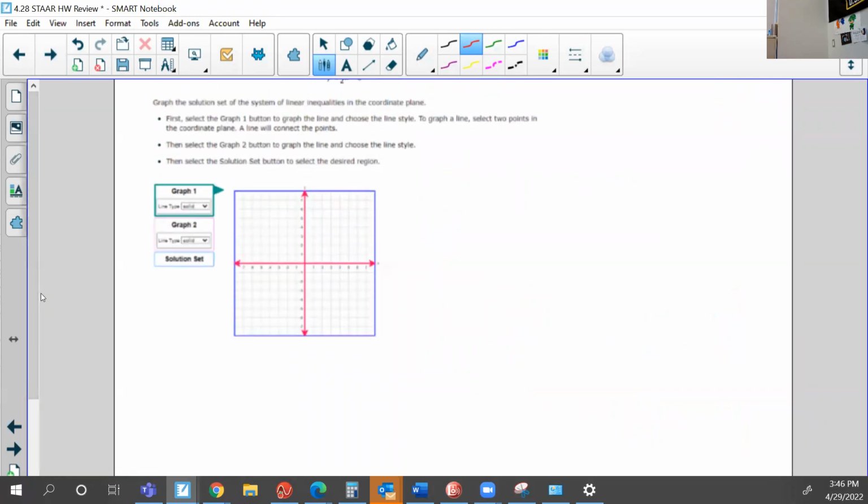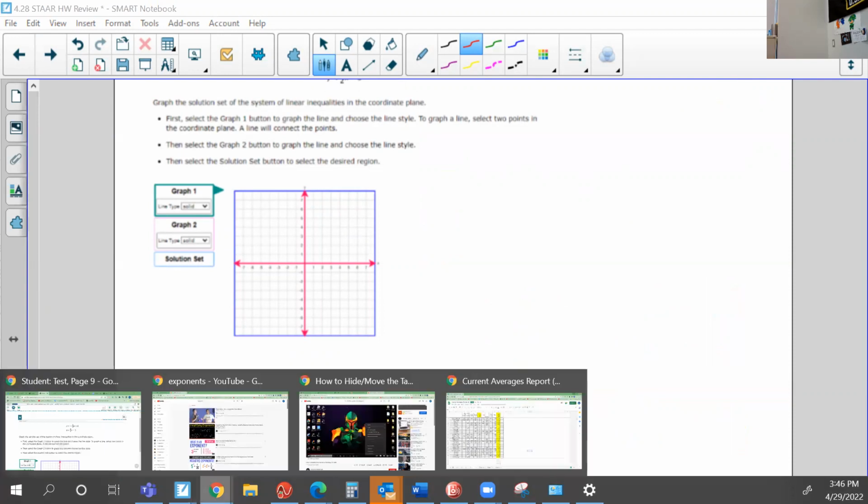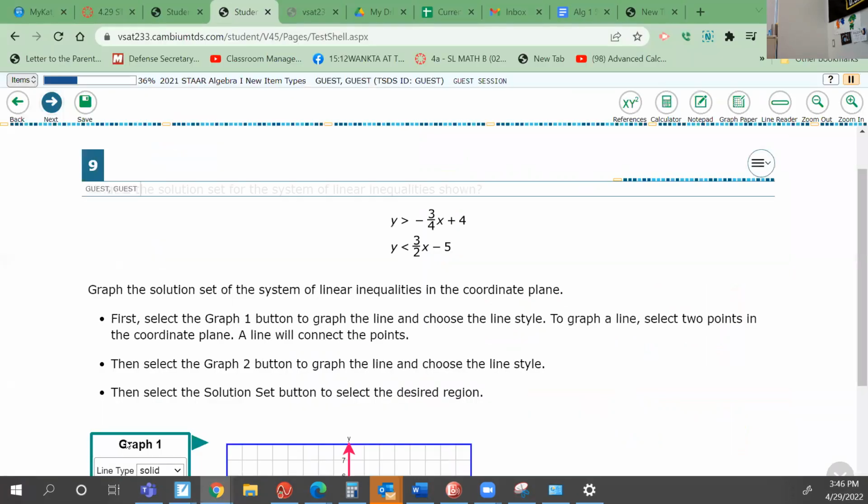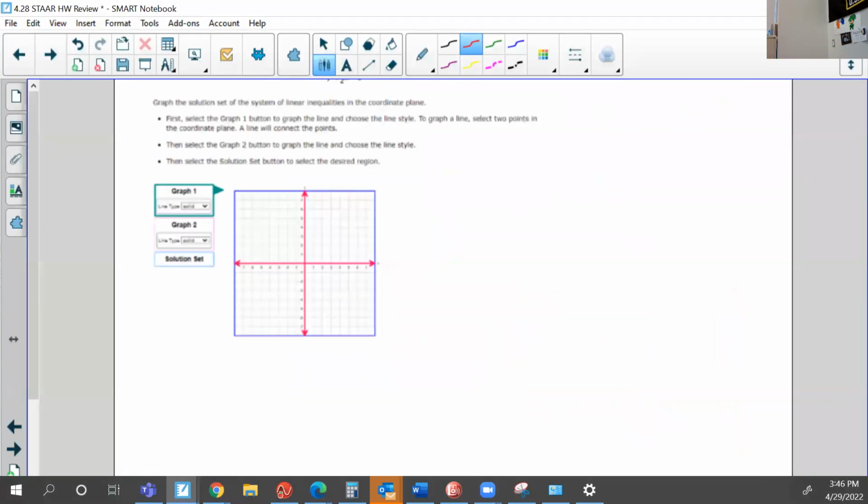So the first graph, let me go back here and look at it. It is minus 3 over 4x plus 4. So that's my first graph. And is it greater than? I think it's greater than.